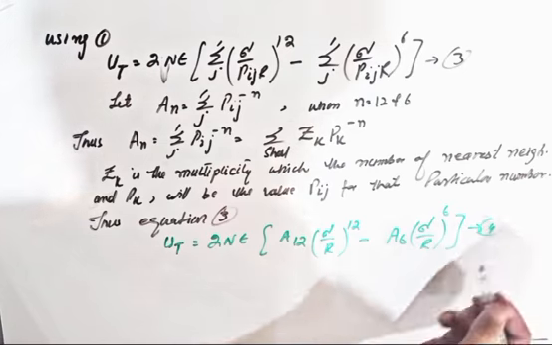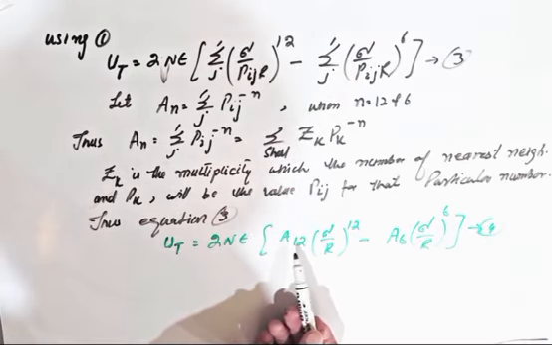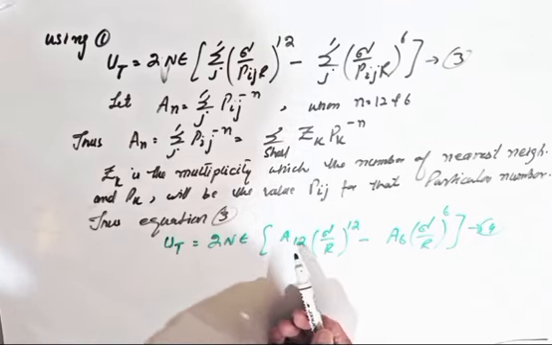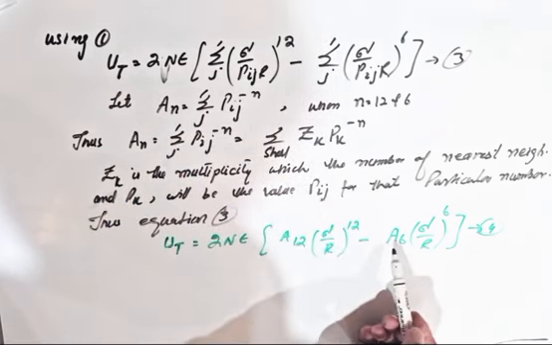This is equation 4. We have replaced the sum of P_ij to the power minus n by A_n. This is for A12 and this is for A6.